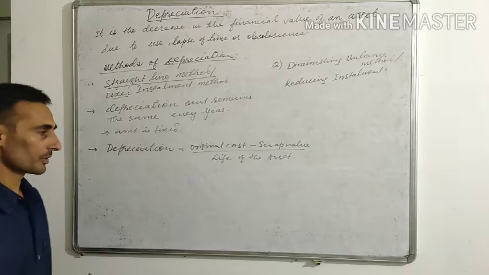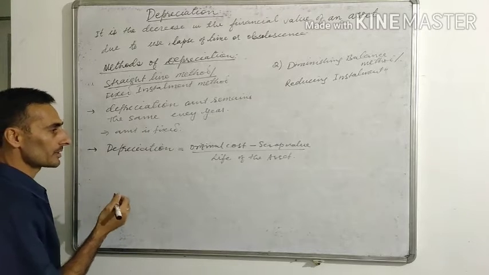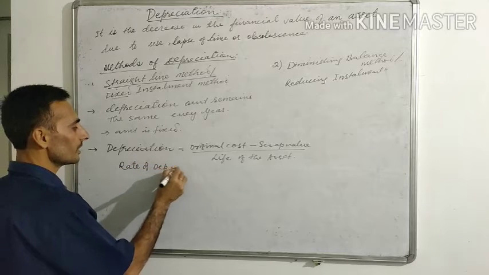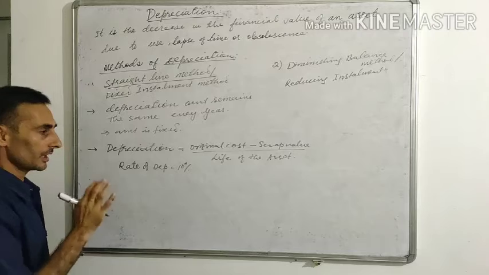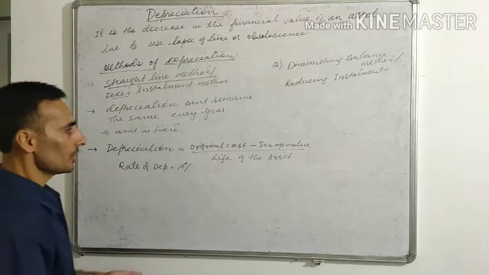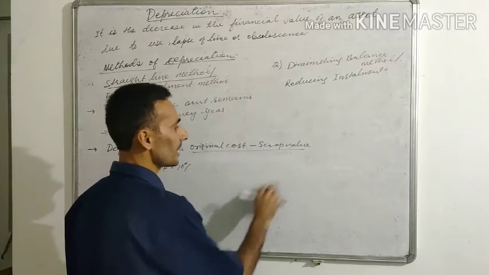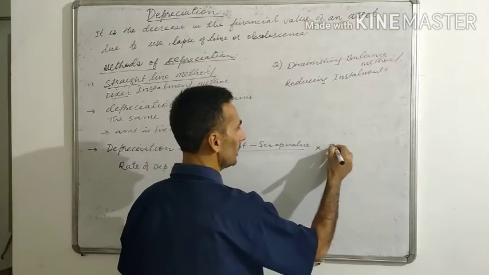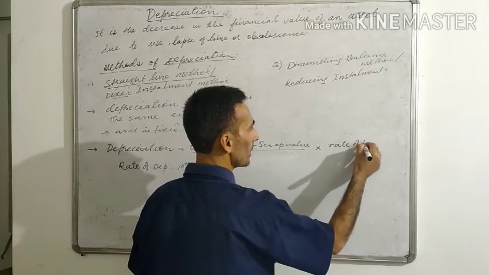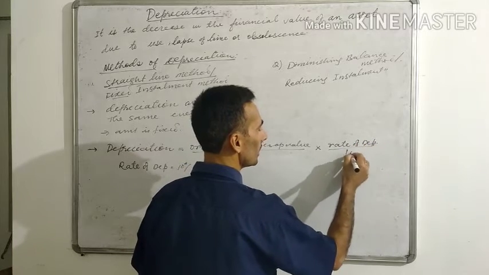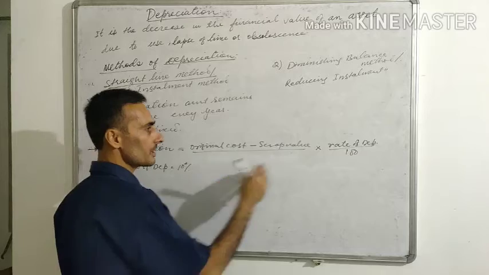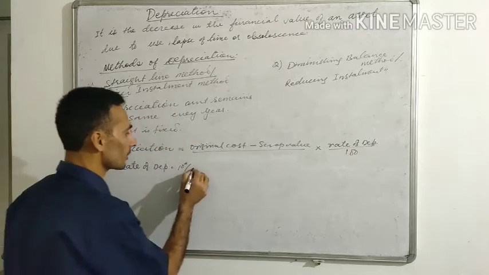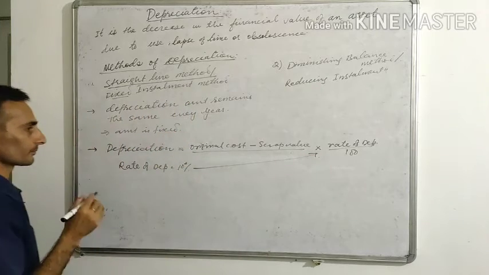Fixed percentage will be given to you. Say the rate of depreciation is 10%, right? And in that case, how do we calculate depreciation? We just replace this one. Life of asset is replaced with the rate of depreciation. So rate of depreciation by 100. If it is 10%, 10 by 100, right? This is how we calculate if the rate is mentioned.